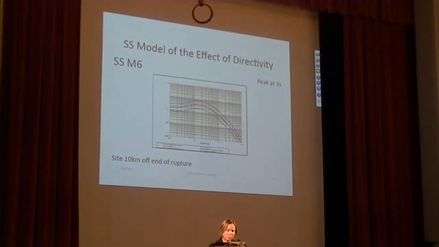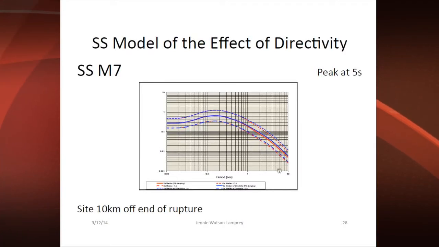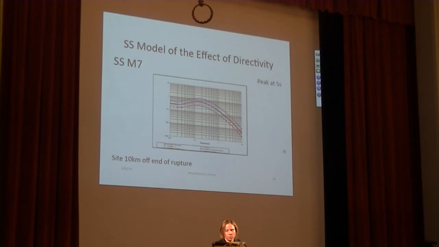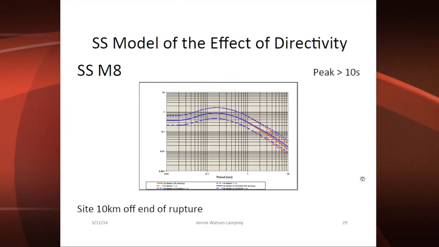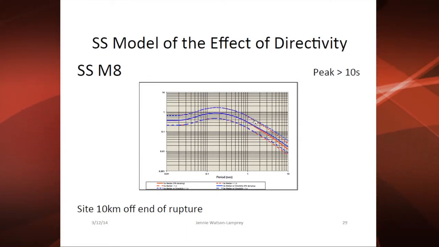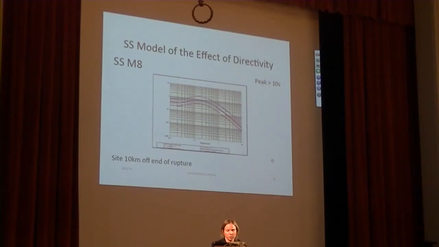The solid line in the middle is the median, and then it's plus and minus 1 standard deviation. So for magnitude 6, not a huge difference. Magnitude 7, the peak here is out at 5 seconds. We're starting to see a little bit more of a difference. And for a magnitude 8, the peak would actually be beyond 10 seconds. So it looks like it's just going up forever, but it would actually curve back down out here.